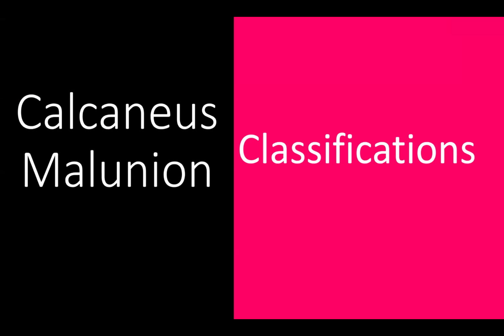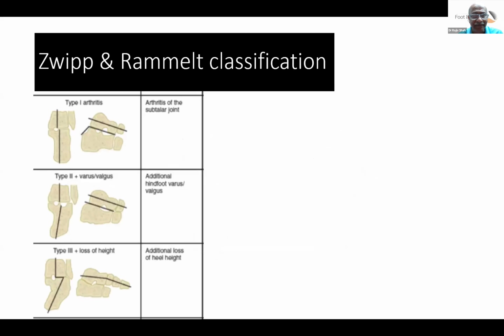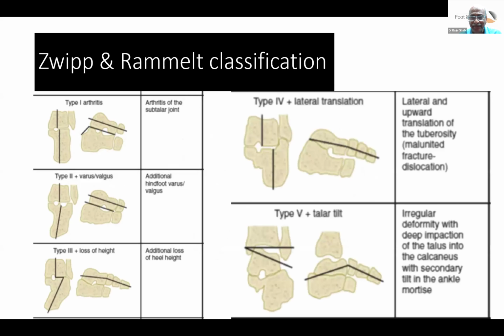Talking about classifications, we had the Stephens and Sanders classification, which classified calcaneus malunion into type 1, 2, and 3, where 2 being a generalized malunion with complete subtalar arthritis, and 3 being arthritis with deformity, either varus or valgus. The second classification was a deformity-based classification by Zwipp and Rammelt, where they divided these cases into type 1, 2, and 3, wherein they added heel height into type 3.